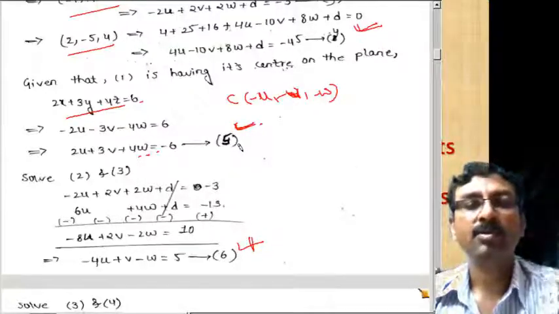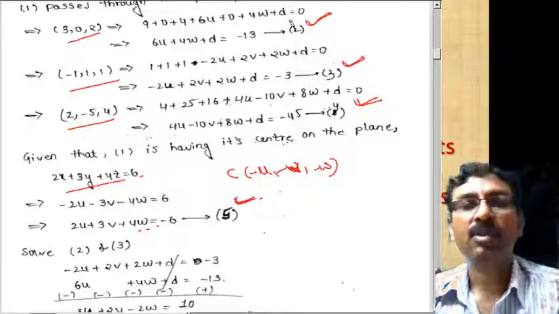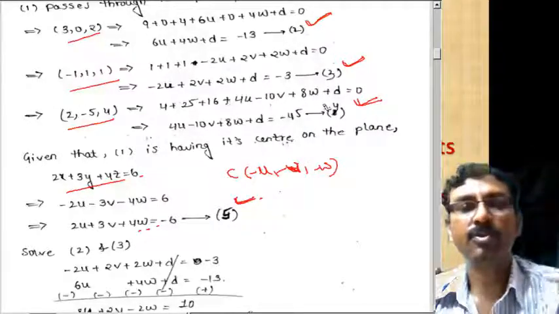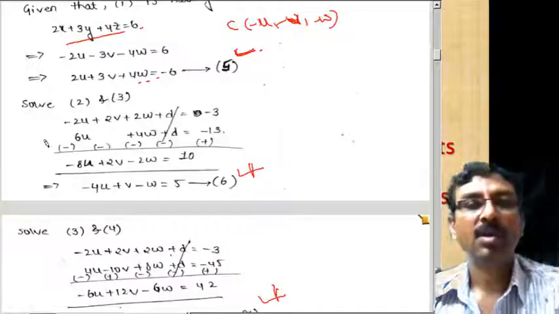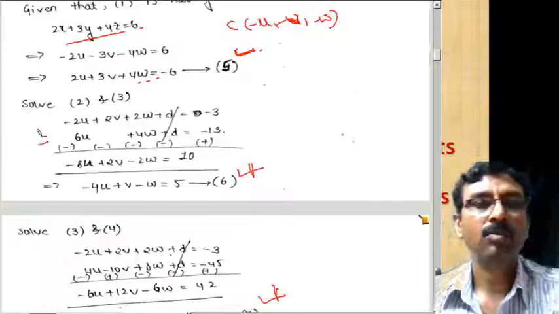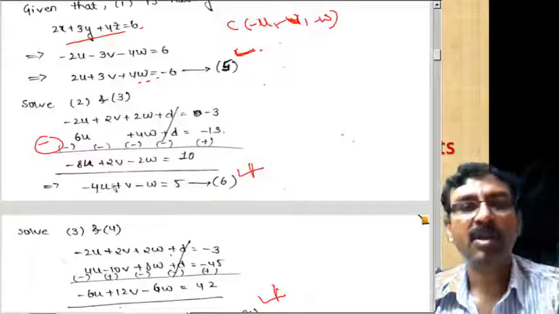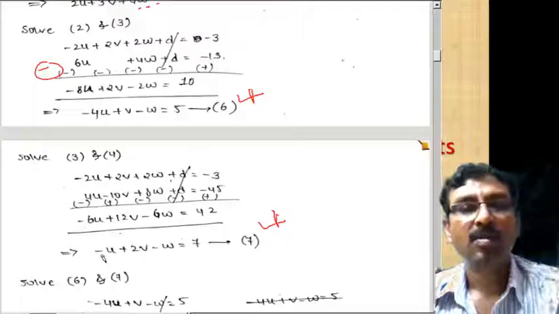In step 1 we are going to eliminate the variable d from the second, third, fourth equations. Taking the second and third equations and subtracting, d gets cancelled. The remaining equation is minus 4u plus v minus w equal to 5, and subtracting the third and fourth equations, we get minus u plus 2v minus w equal to 7.